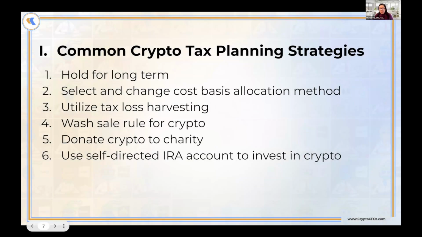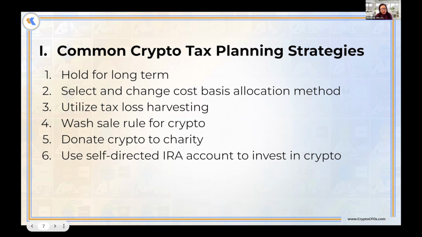So, common crypto tax planning strategies. There are quite a few of them. And we are going to look at 6 strategies in this webinar, including 1, hold crypto assets for long term. 2, select and change cost basis allocation method the right way.